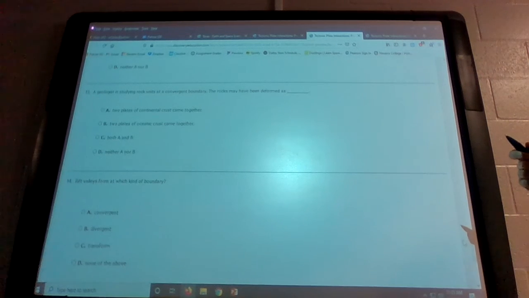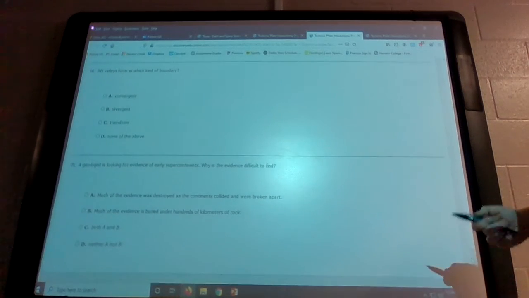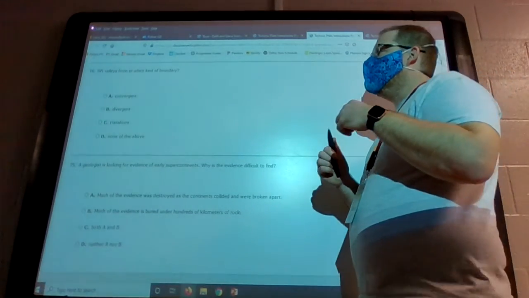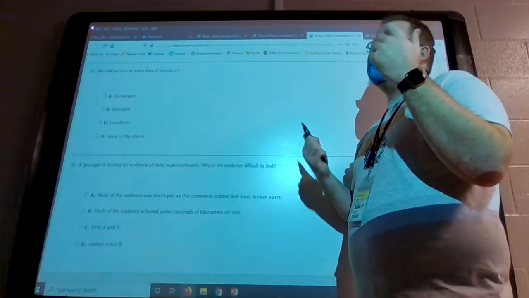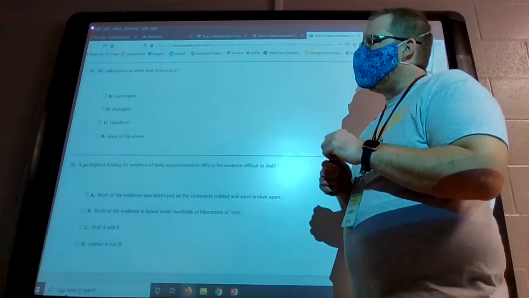The rocks may have been deformed as... I'm going to guess it's both. I'm going to have to look and see if any of these make sense. That's what I'm thinking. It's not a very good question, but I guess it technically would be both A and B.